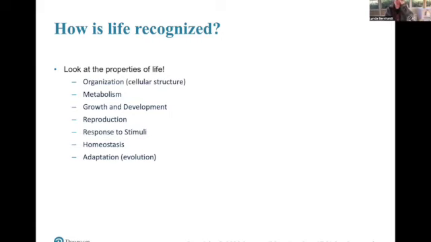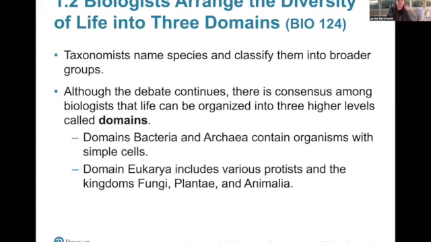Homeostasis, we're going to be talking about throughout the term. Most of what we talk about in Bio 123 is going to be the cell and some metabolism, a little bit, and homeostasis. Most of this is Bio 124.